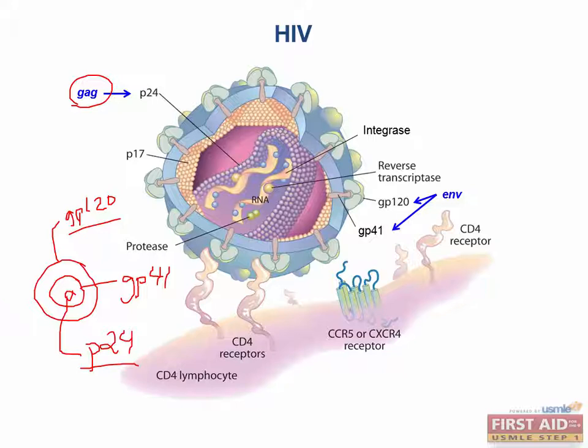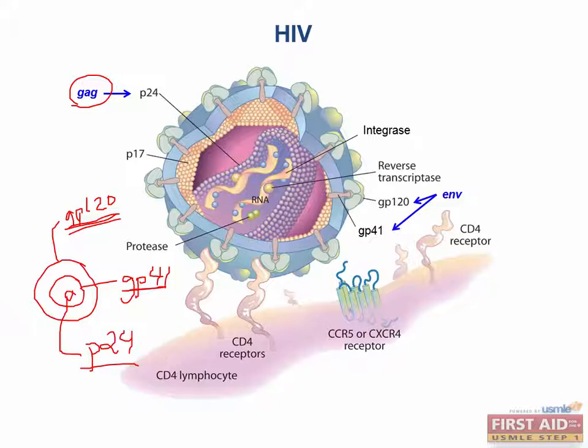This way can help you remember that GP120 is the outermost and is responsible for attachment of the virus. GP41 is less than 120 and right inside of the GP120 and is important for fusion and entry. And then P24 is kind of the inside capsid protein that's used for diagnosis.